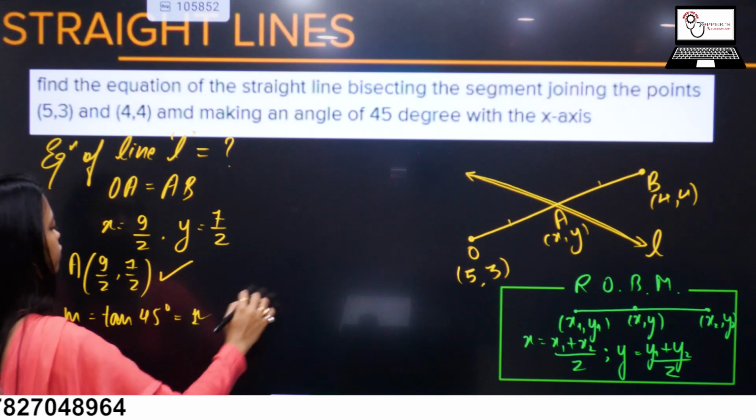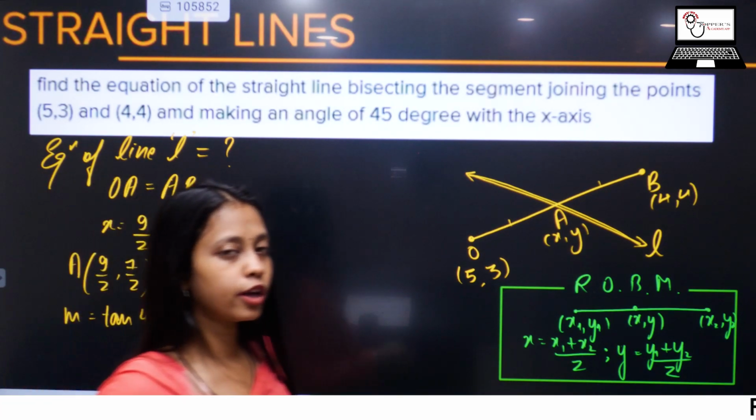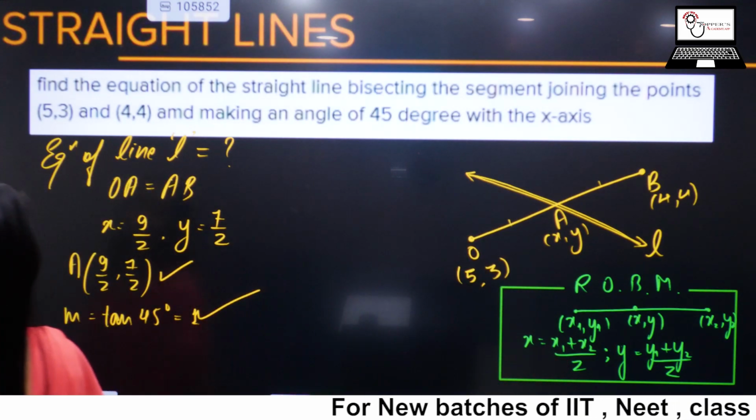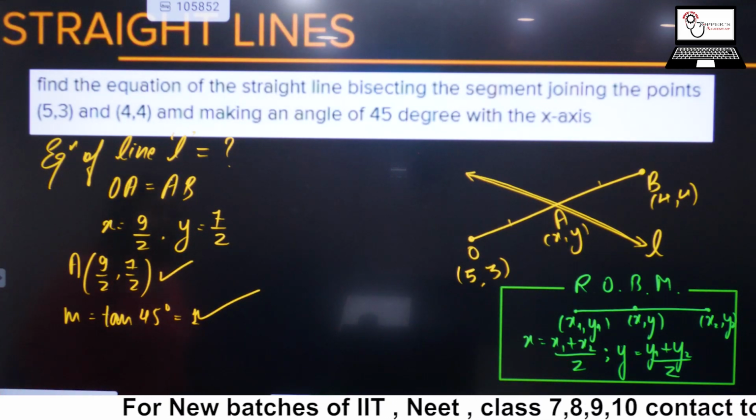We have a point and we have a slope, so you can find the equation of the line.